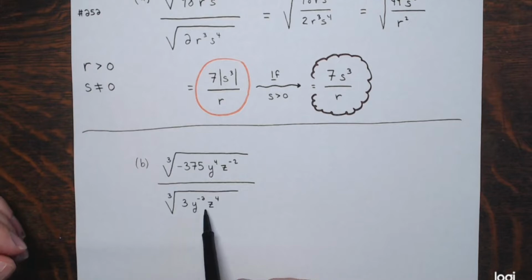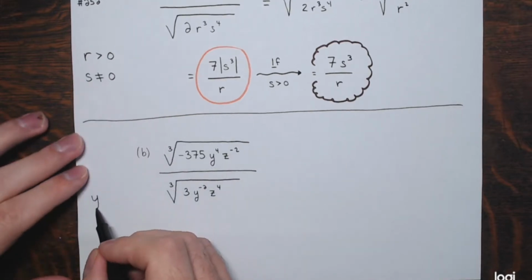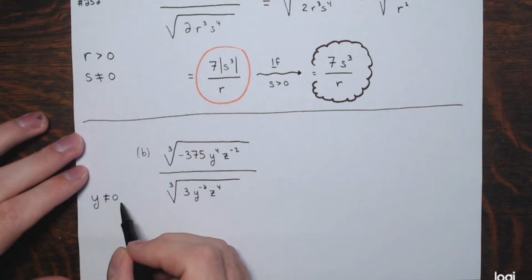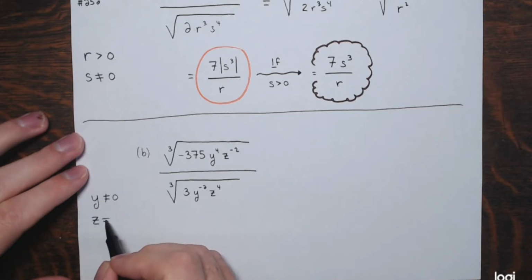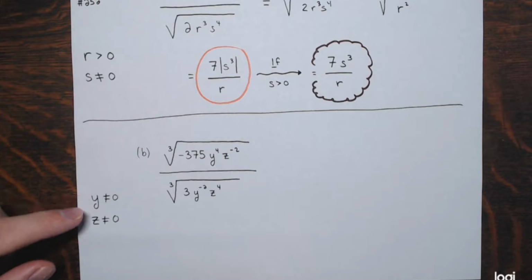So y can't be 0 and z can't be 0. Those are my only restrictions, right? Y can't be 0, z can't be 0, and those are the only restrictions on the variable here. It can be anything else. Y can be positive or negative, z can be positive or negative.